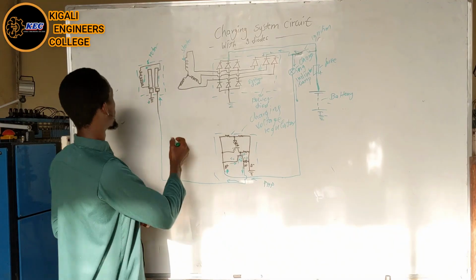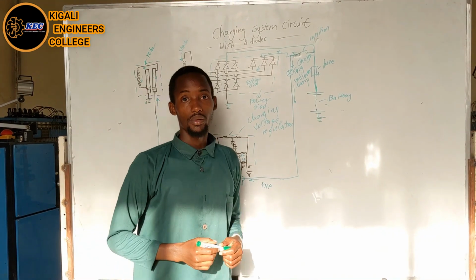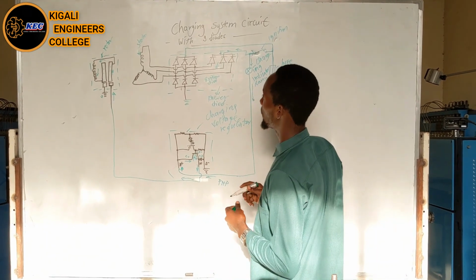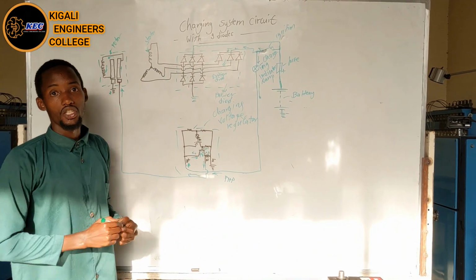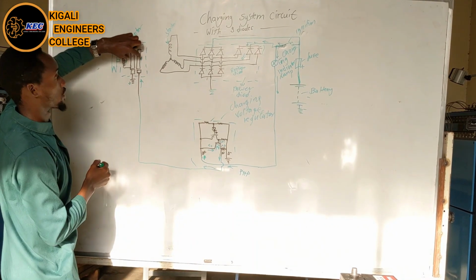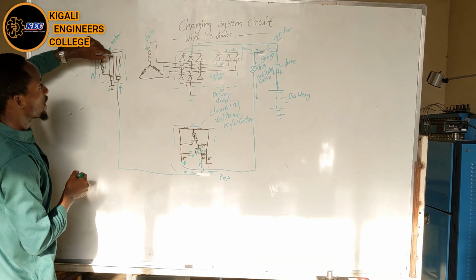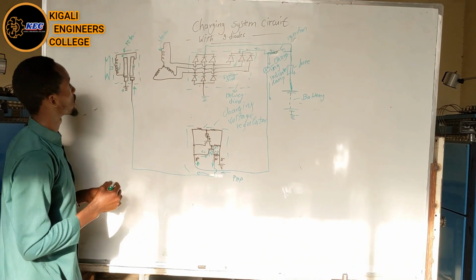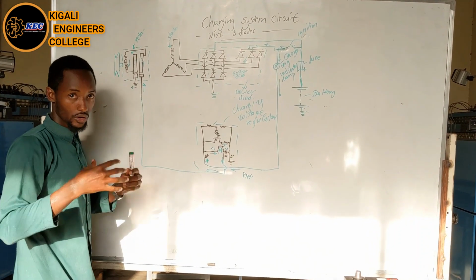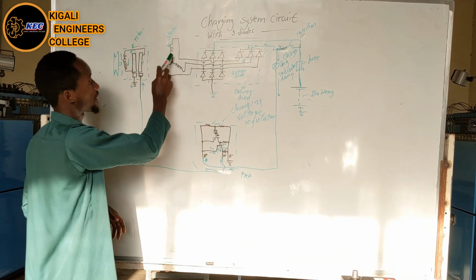We see that our rotor will be magnetized because we close the ignition switch. So when you start the engine, it means that it is connected to this rotor. So it turns, it rotates with it, and during rotation it creates a magnetic field, and this phenomenon causes the creation of voltage in this stator.